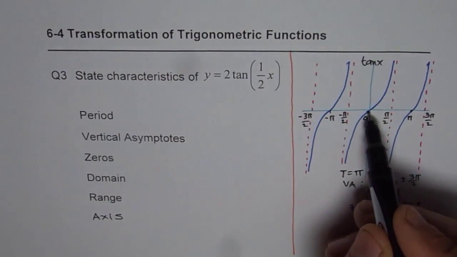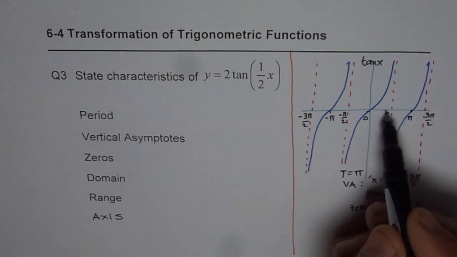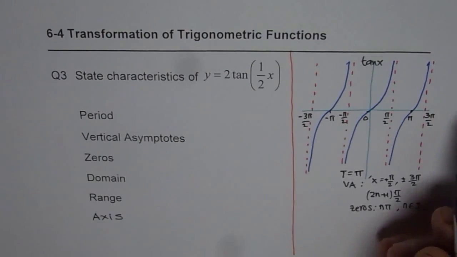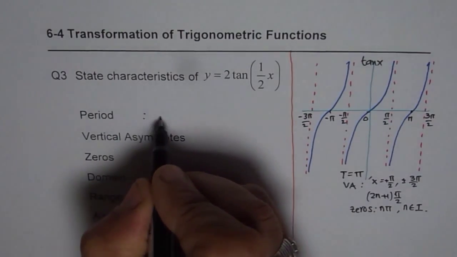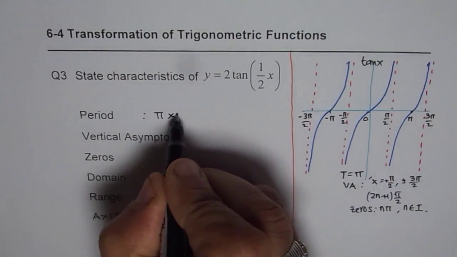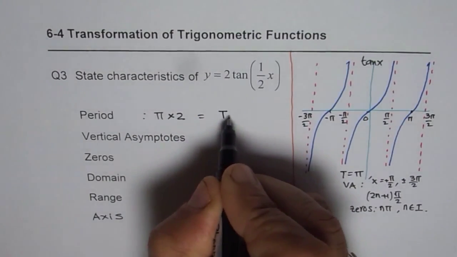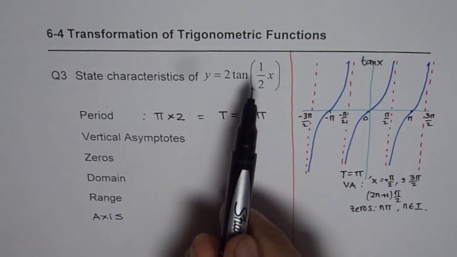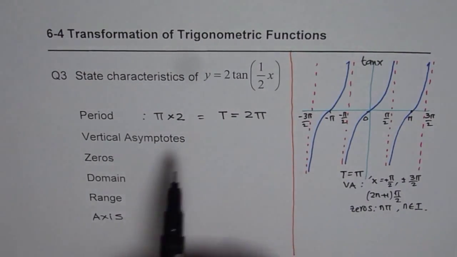So when you horizontally stretch, all these numbers on the x-axis will get multiplied by 2, right? Therefore, pi is the original time period, and it gets multiplied by 2, so time period T equals 2 pi, right? It is no more pi. For half of x, it is 2 pi.